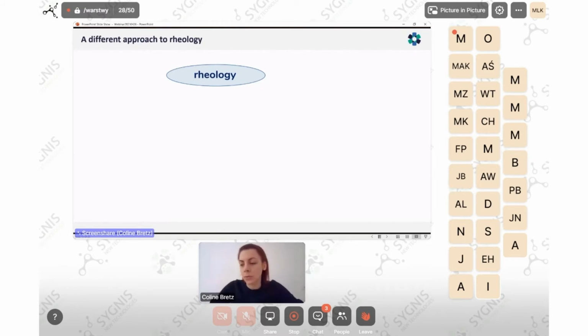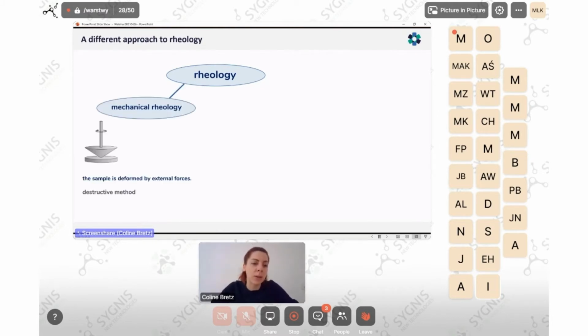The most known way of doing this is to conduct mechanical rheology experiments where we load a sample in a rheometer, typically in a geometry like this, where we have a cone and a plate, and we deform the sample and analyze the response of the sample to the external deformation.